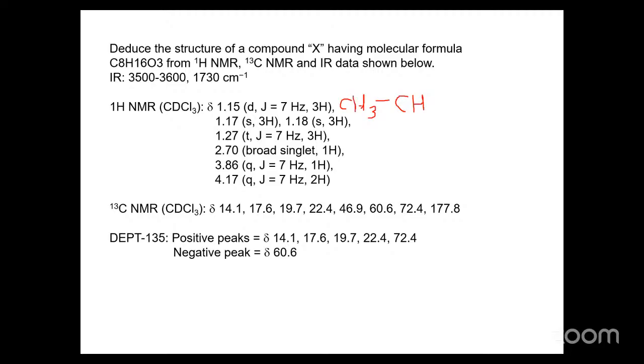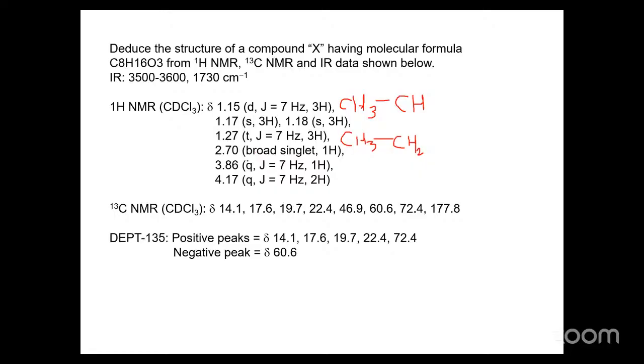Next, we have 1.17 and 1.18 singlet for three protons. So two methyls are present over there. At 1.27, you have the triplet for three protons. So again, you have the CH3 attached to a CH2, because it is a triplet signal.